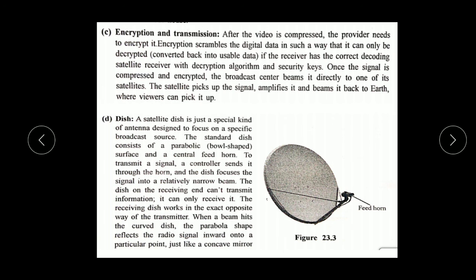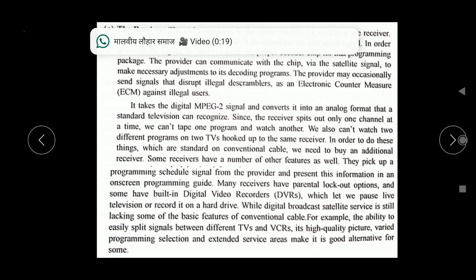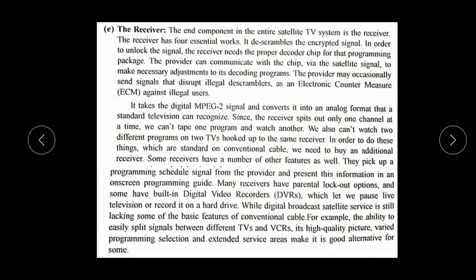It sends the signal to the satellite. But in the case of the user dish antenna, it only receives the signal from the satellite. And for the TV receiver, it basically receives the particular channels as per the package.